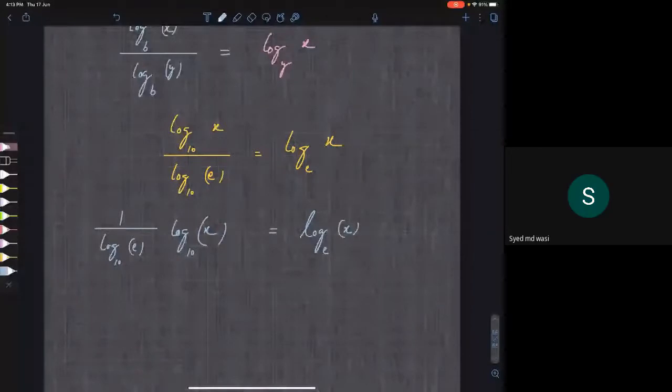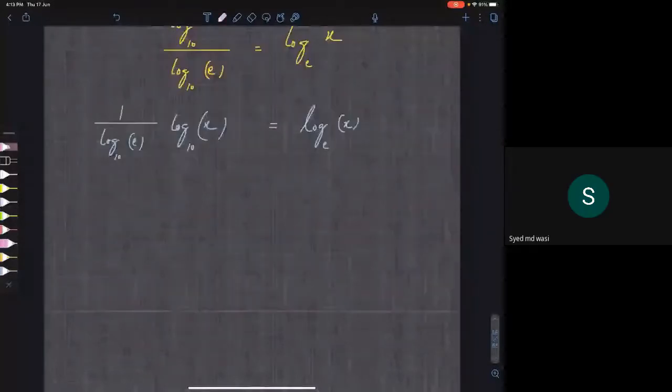That means log x to the base e is equal to log x to the base 10 times some constant. And what is that constant? Tell me. From the previous, it is 1 by log 10 to the base e. Do you agree?